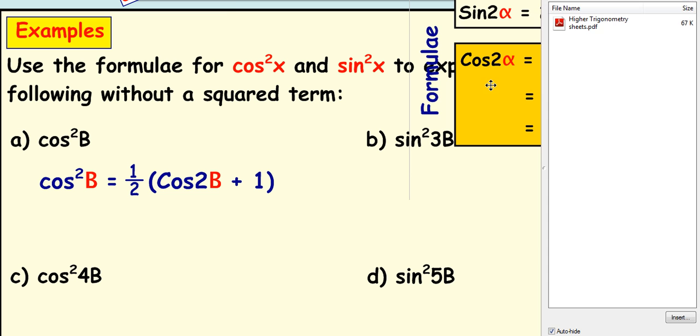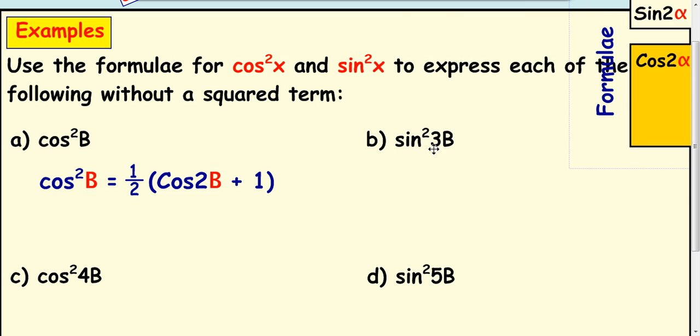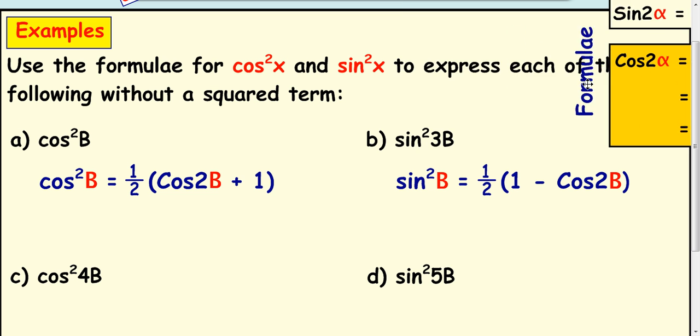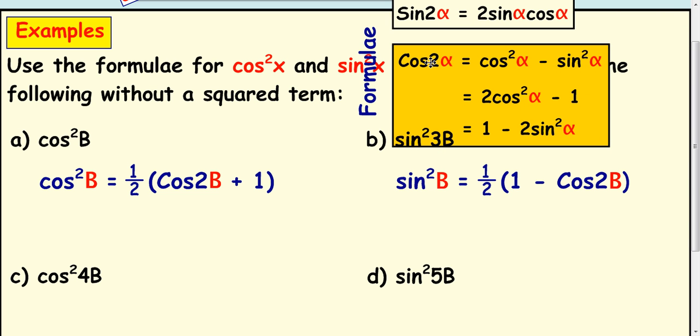In the second example, we've got sin squared beta, but we've got 3 betas this time. But what I would do is write the formula out for sin squared beta first. And that was a half 1 takeaway cos 2 beta. Again, looking up here, you would take this over the other side, and then you would subtract this from 1 and then half it.